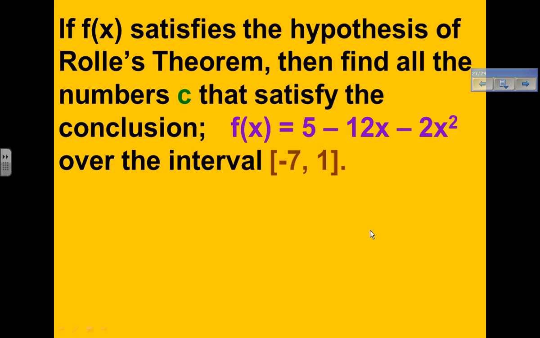If f of x satisfies the hypothesis of Rolle's theorem, then find all the numbers C that satisfy the conclusion of Rolle's theorem. So do this one on your own. See if it works.